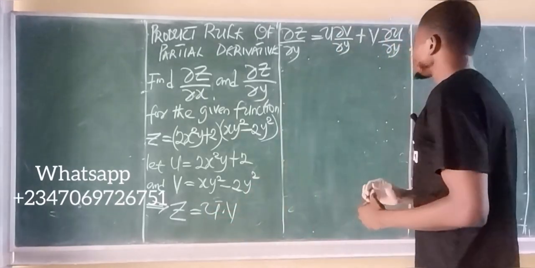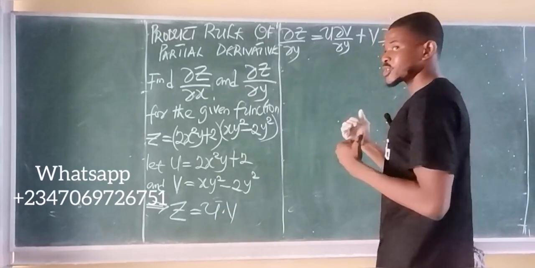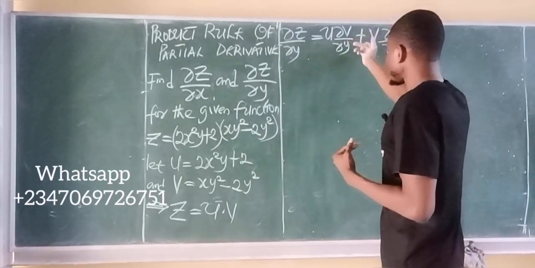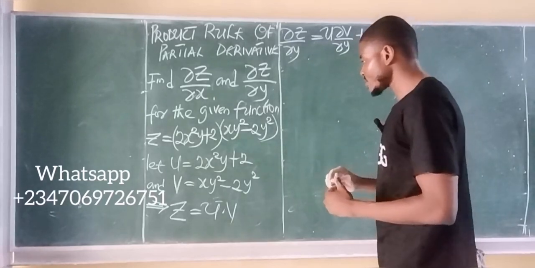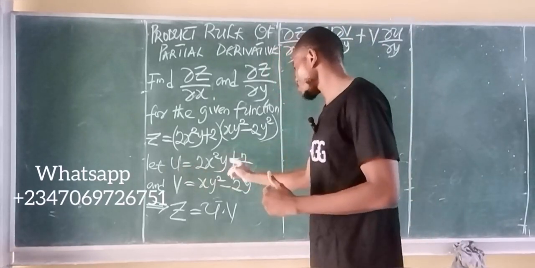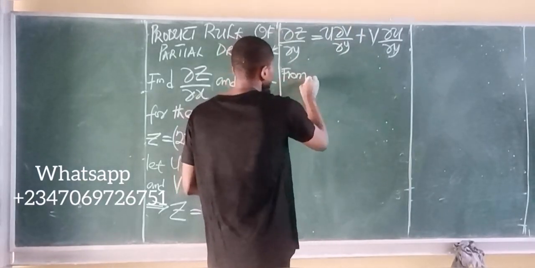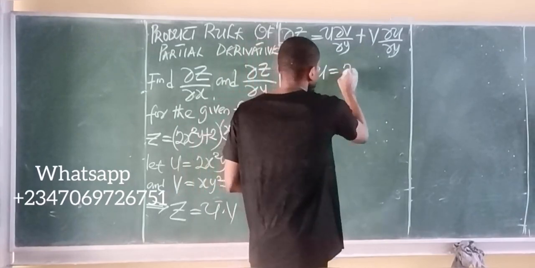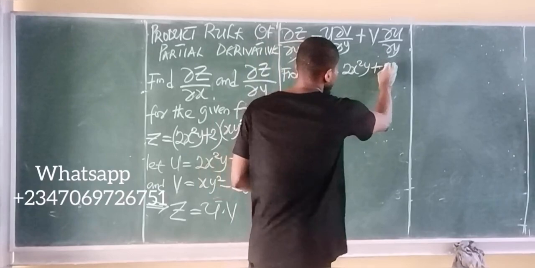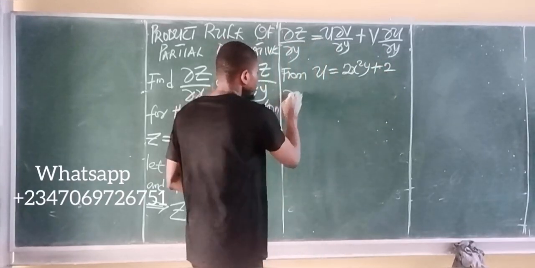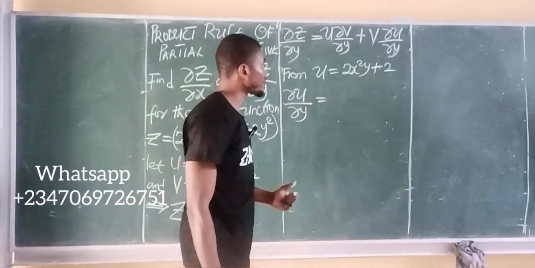So you have this. So we know the value of u, we know the value of v. All we need to do is simply differentiate v with respect to y, differentiate u with respect to y. That's all. So let's now consider when u is equal to 2x squared y plus 2. We need to differentiate u partially with respect to y, because that's the first thing.